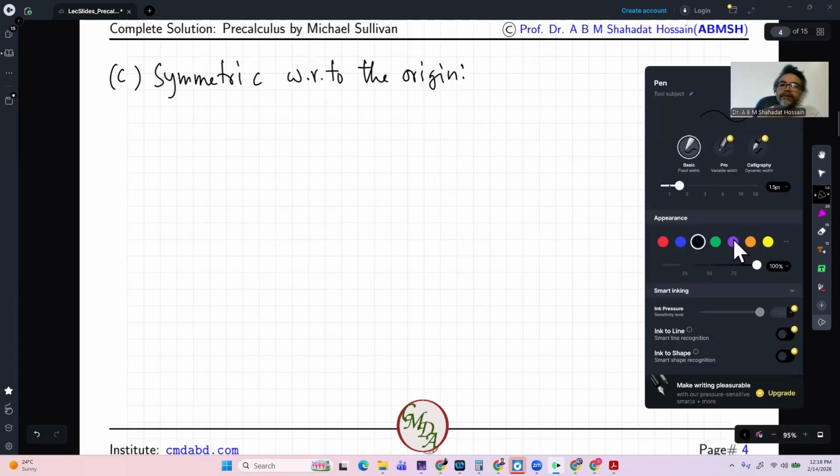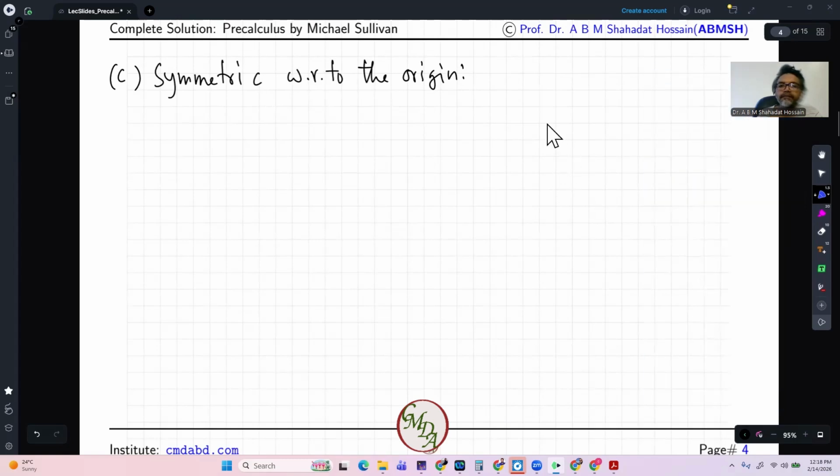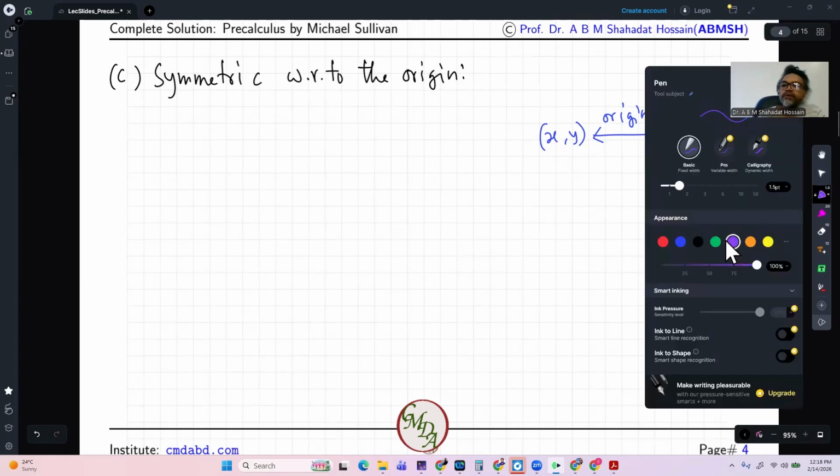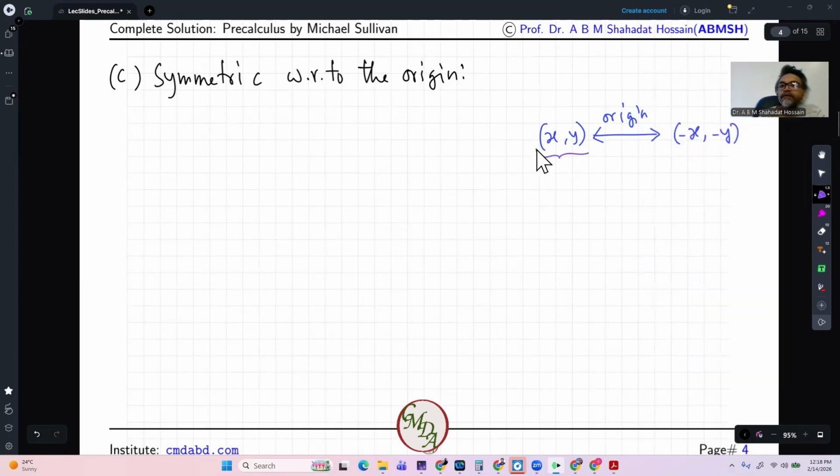The rule is: if any point x, y is on the graph and it is symmetric with respect to the origin, then the point minus x, minus y will also be on the graph. In our situation, the point is 4, minus 2, so multiplying by minus 1 gives minus 4 and 2. This is the required point.